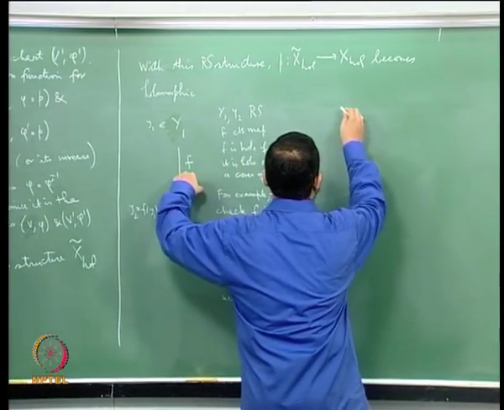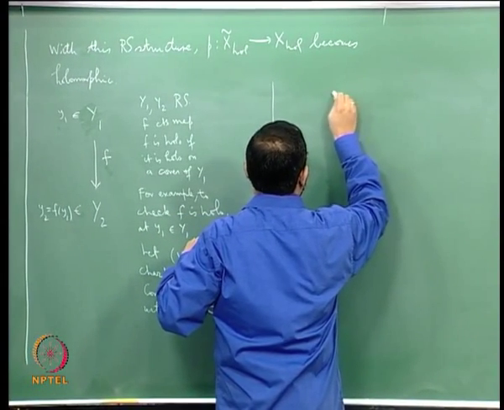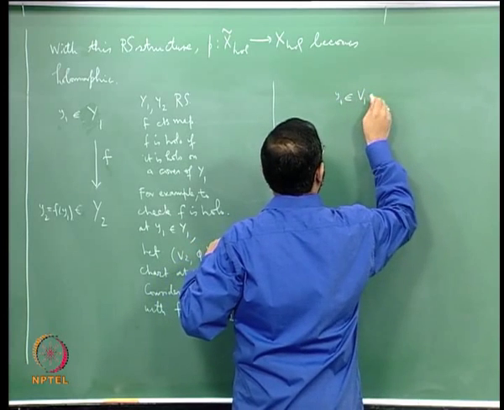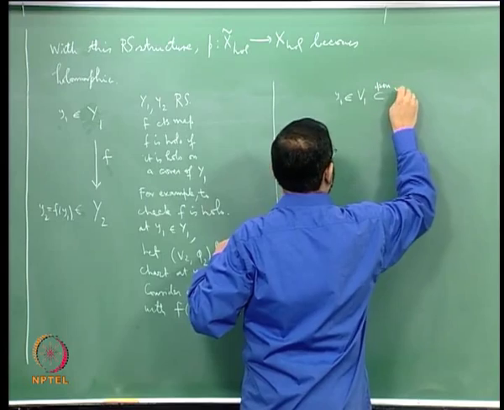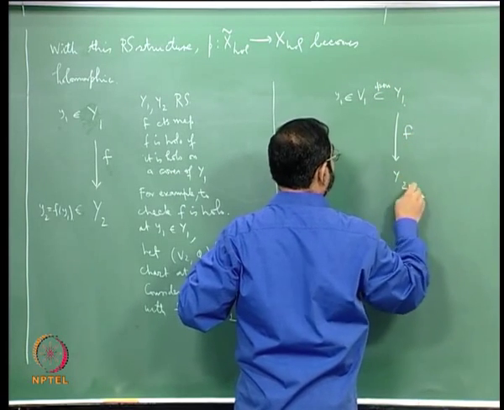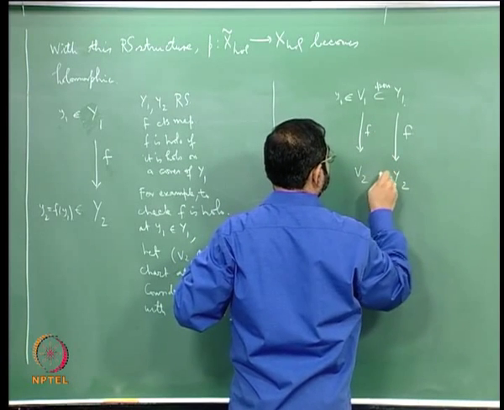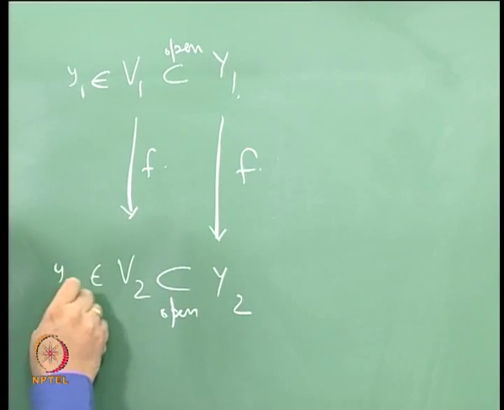So what you do is the following. You have y1 here which is sitting inside V1 which is an open set, and f is going to go from y1 to y2, it is going to take V1 to V2, okay. This is also open and this contains y2, okay.